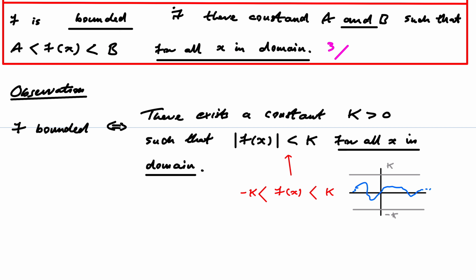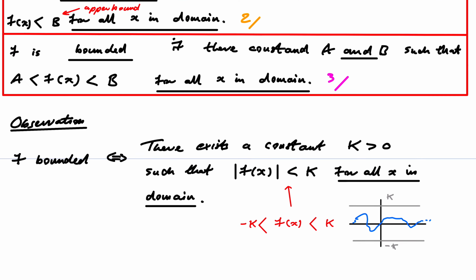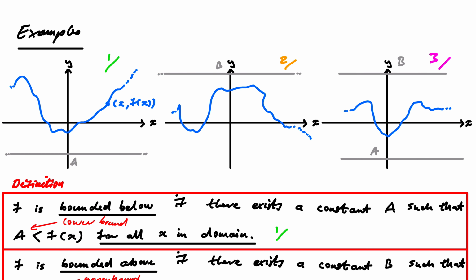And I suppose the only other thing to say about this is, why do you know the upper and lower bound could be positive and negative of each other? So how can I be sure that I can make them k on top and minus k on bottom? Well, the way to think about that is the following. If I take these two in this picture, you've got b up here and you've got a down here.